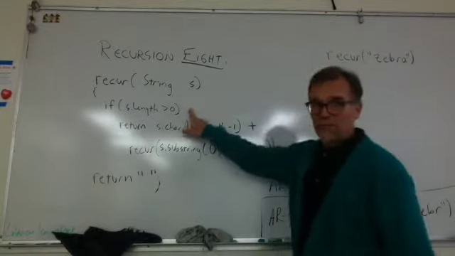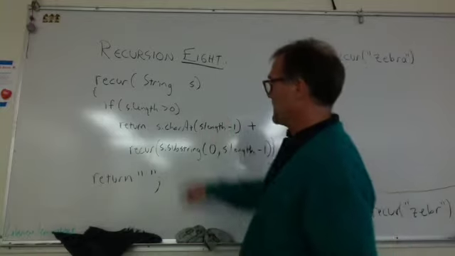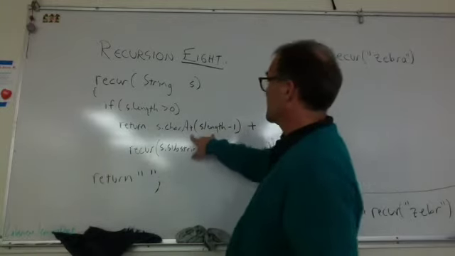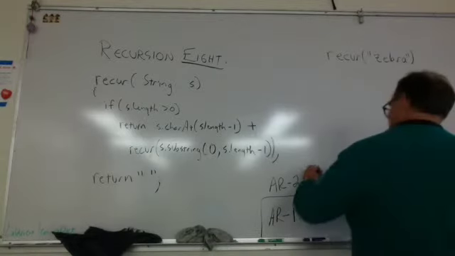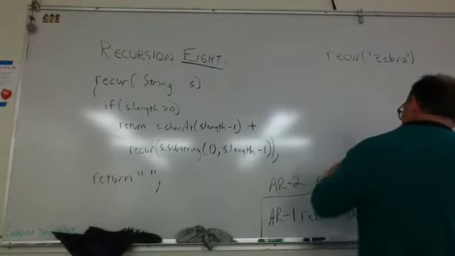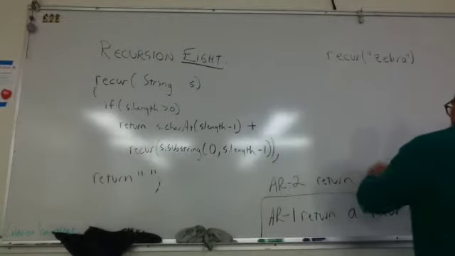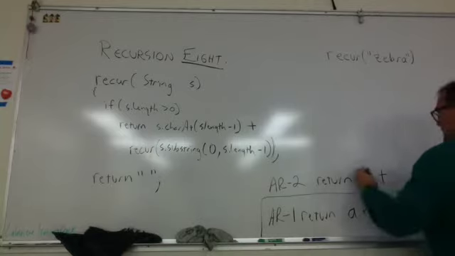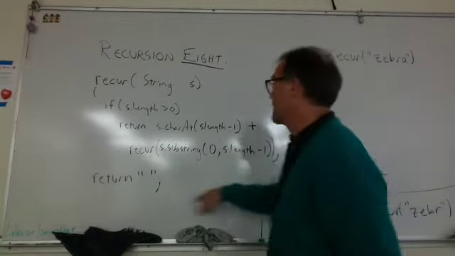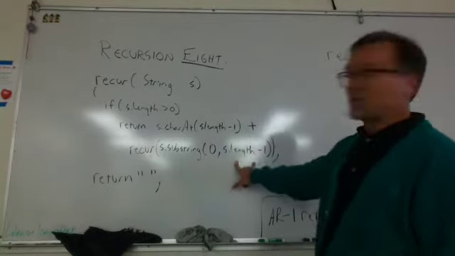The length is greater than 0, so we enter the if statement. We return the character at length minus 1. In that case, that last character is R. So it's going to return character R plus whatever you get when you call recur with the substring, everything but the last character.